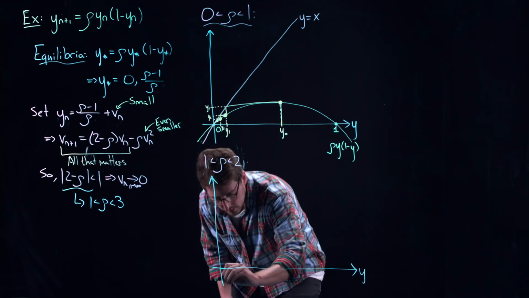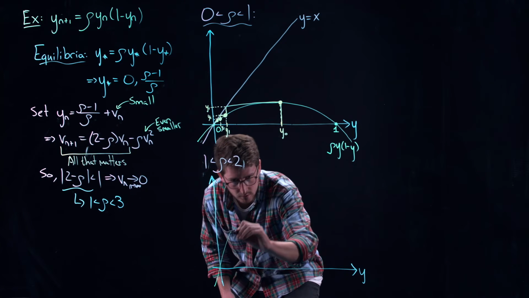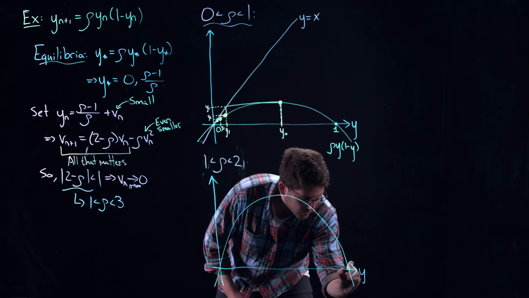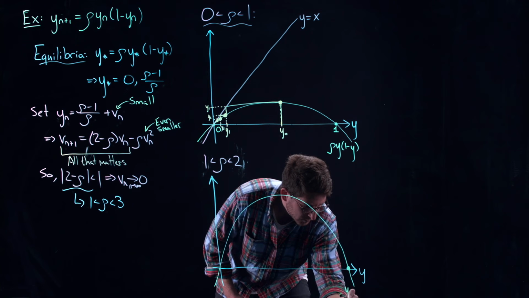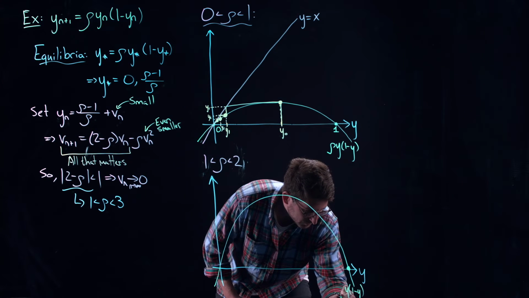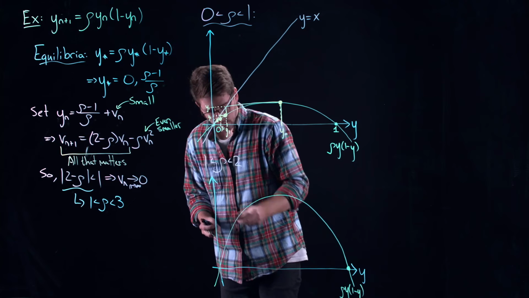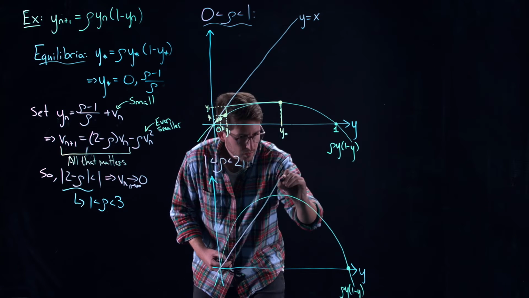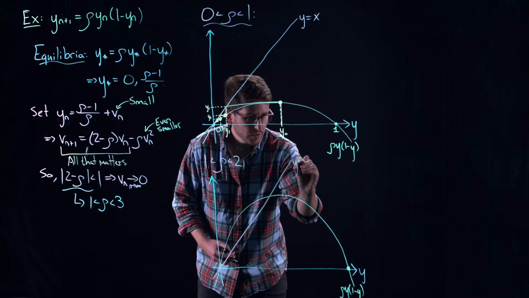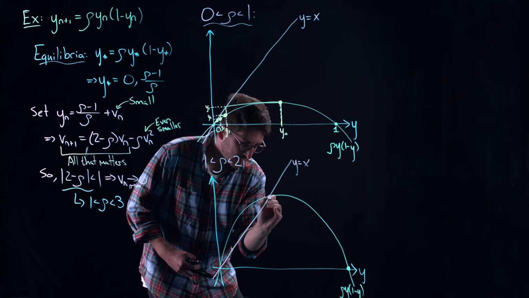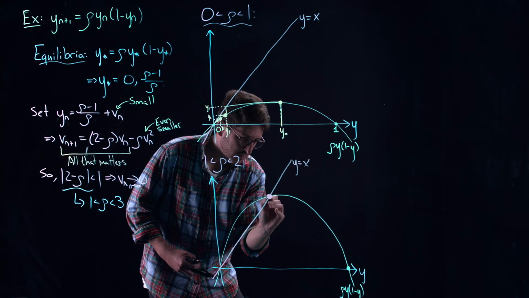So here, again, I'm going to sort of over-exaggerate the function. It's just a sketch. We don't have to be too precise. And here, now the curve y equal to x intersects at 2 points.